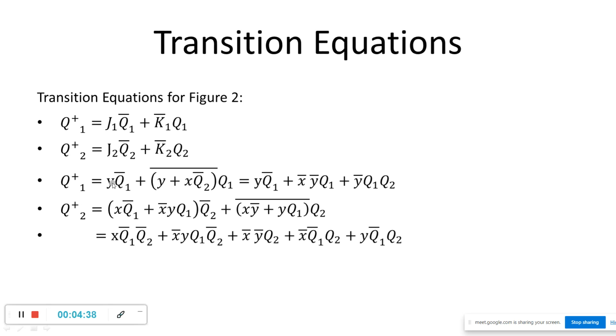Now you need to tell me what is the characteristic equation for JK flip flop. In the example we have used two JK flip flops. So here Q1 plus is equal to J1 Q1 bar plus K1 bar Q1.